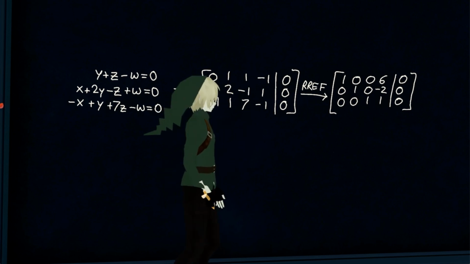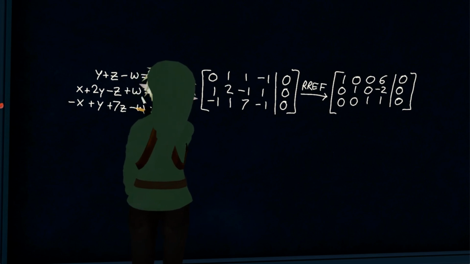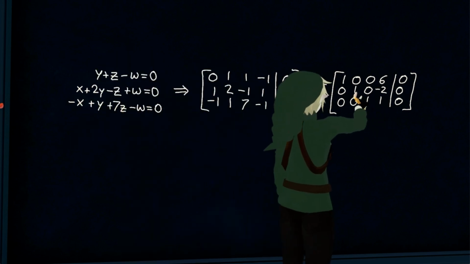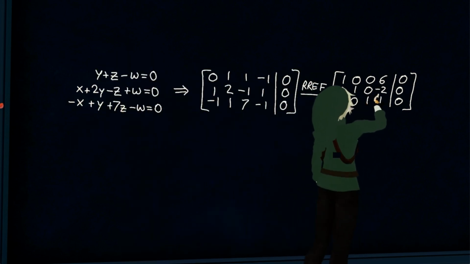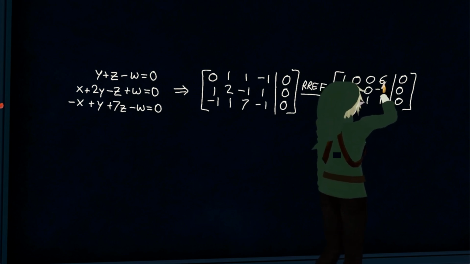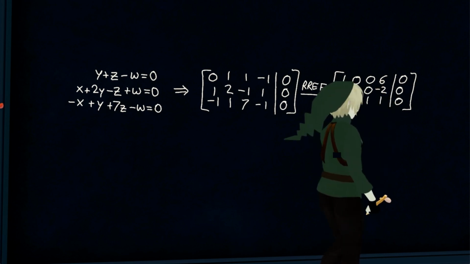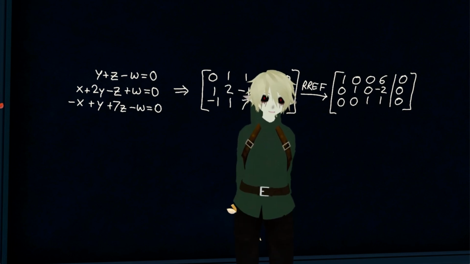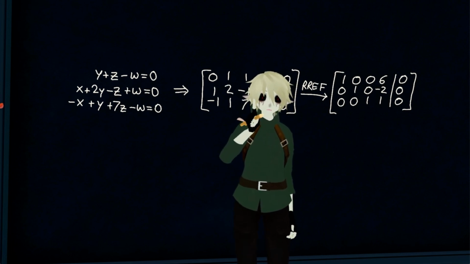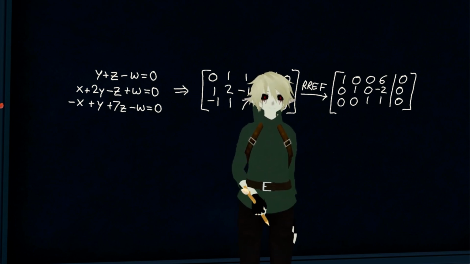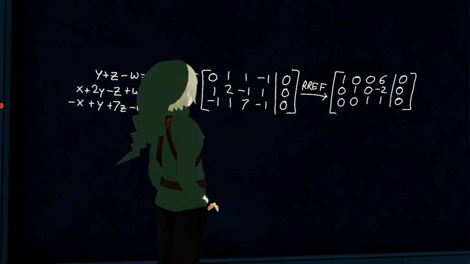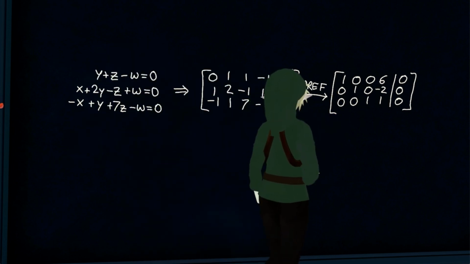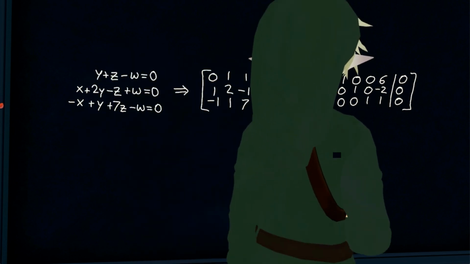It's trivial. But look at this. We have free variables. Because we have free variables, there are infinitely many solutions, meaning that it's not just zeros. We also have other solutions. We have other vectors. That's what that means. We have a non-trivial solution.